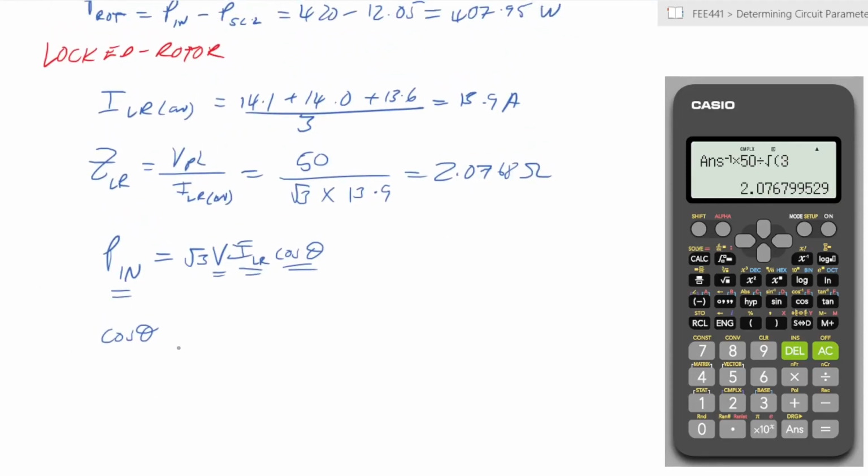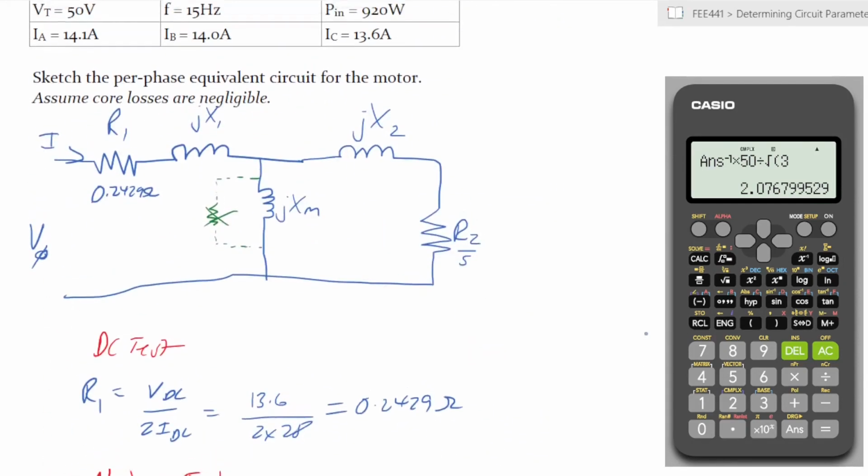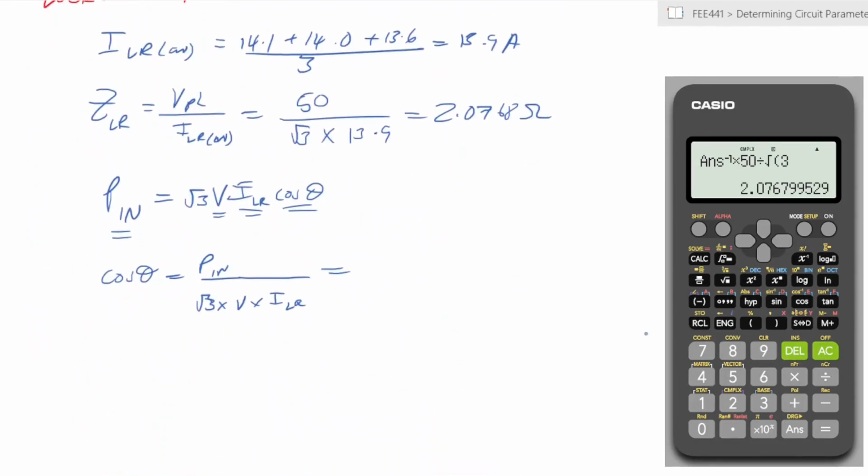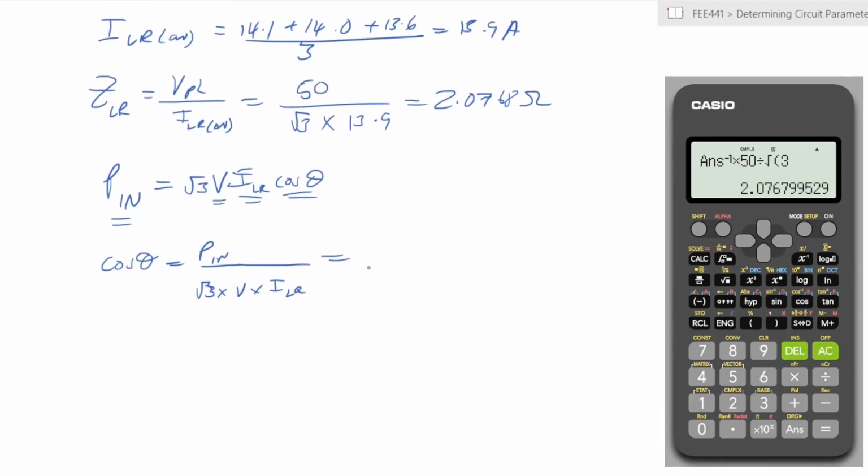So this cos theta will be given by input power over root 3 times voltage times current, which is input power 920 over root 3 times line current, which is 50, times our locked rotor current, which is 13.9, which we determined here.